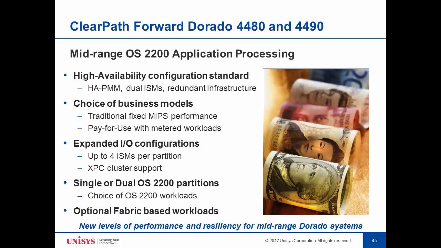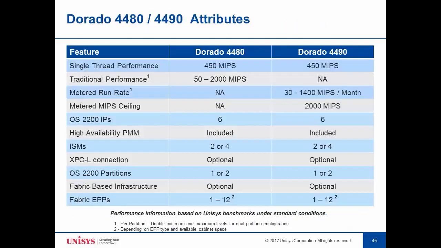So you can have 2 OS 2200 partitions in the same cabinet with the 4480 and 4490. And we have a choice of workloads that are available for biz, for development, as well as our general purpose workloads. And the fabric, of course, remains a capability for all these systems.